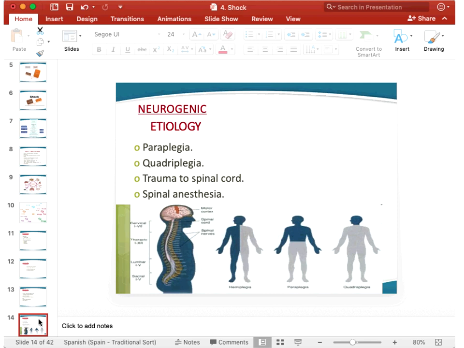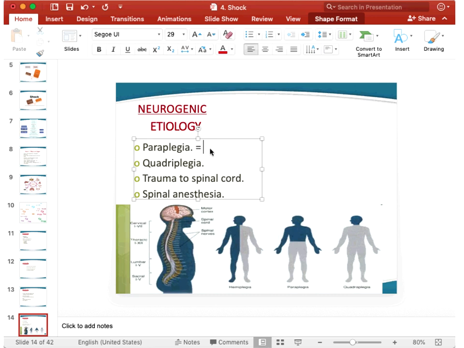The neurogenic shock: any trauma that presents to the spinal cord. Now, careful with this. The neurogenic shock, you need to suspect that from the trauma, but in this case, we're going to have something very, very unique, that the patient is hypotensive despite volume infusion.